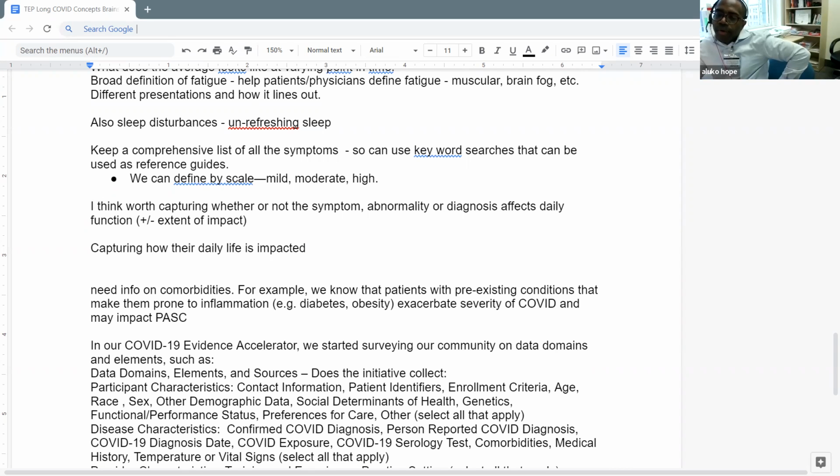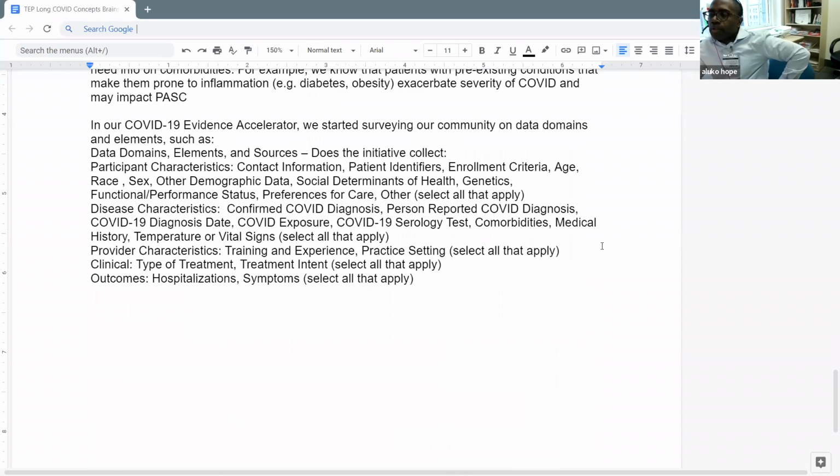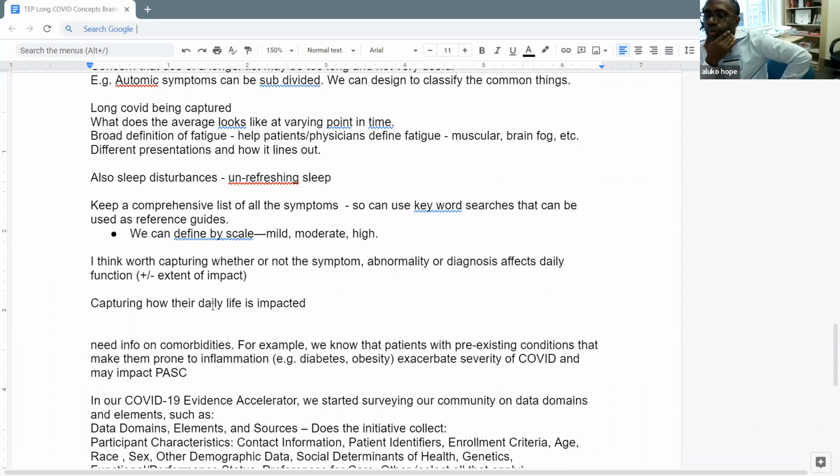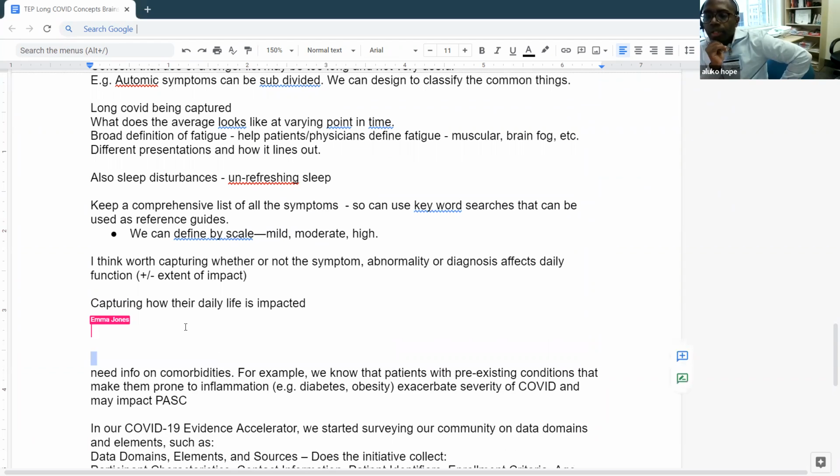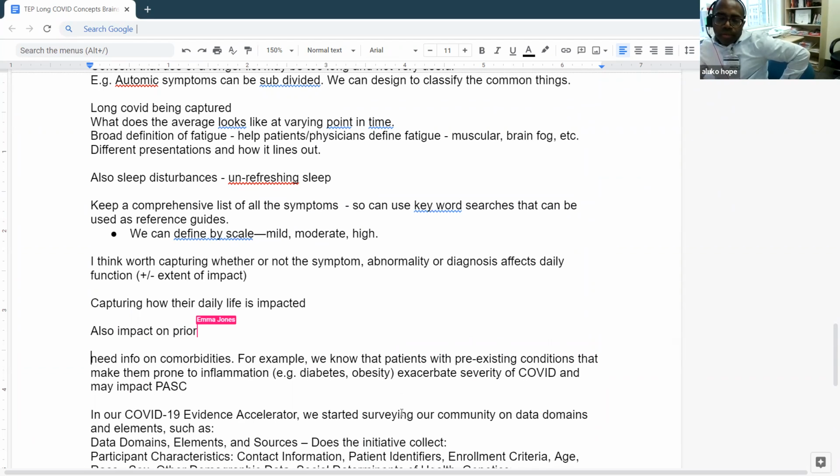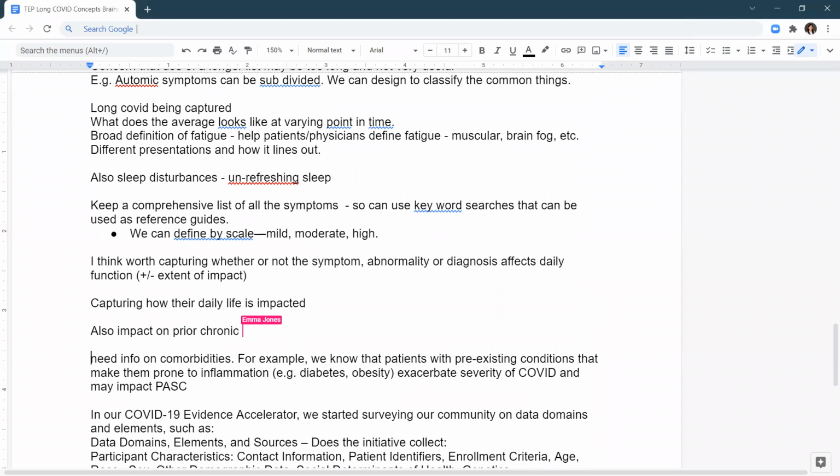Some patients have prior allergic illnesses or autoimmune illnesses that become worsened from their long COVID experience. I think that's important, and that fits right in with our multiple chronic care condition care plan, doesn't it? Let's see, what else have we got here, Emma, that I didn't highlight, and that we might want to gather some more information about at this level.